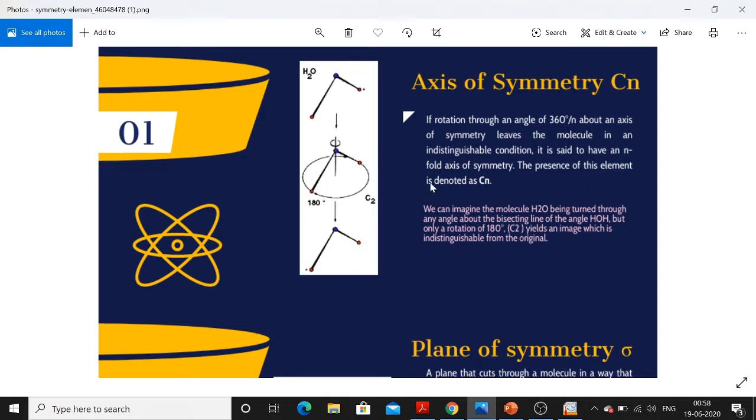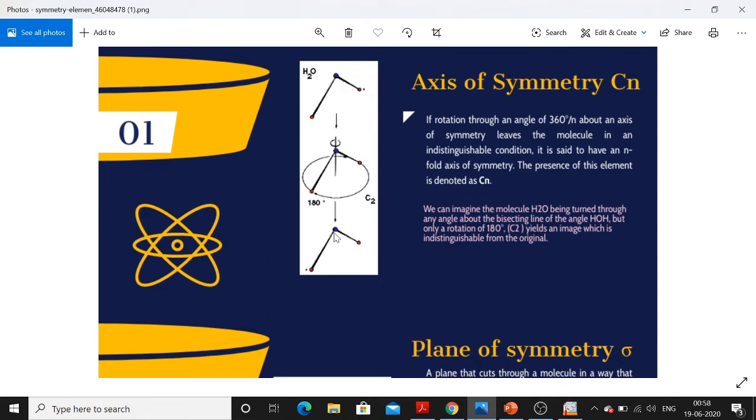So here I have presented a molecule, water. Everyone knows, if you can see, the blue atom is presenting the oxygen and the red atoms are presenting the hydrogen. So if you imagine the axis which is passing through this oxygen atom, and if I rotate the molecule through 180 degrees, then these two red atoms will exchange their position and I will get a new molecule.